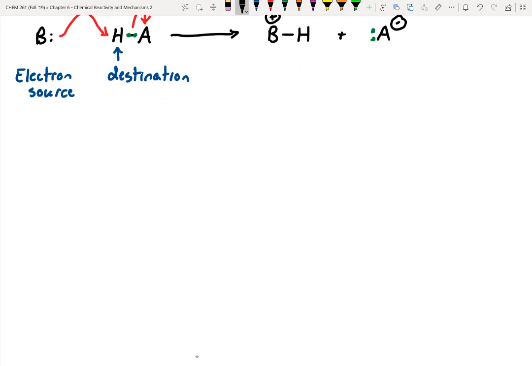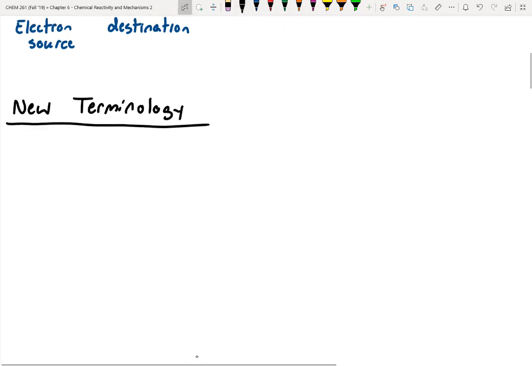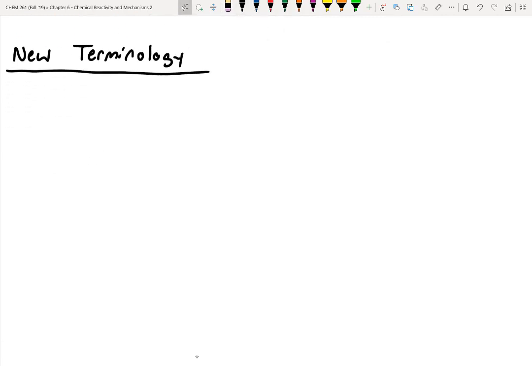There are going to be a few new terms that I want to introduce today, and these will show up all year long. These are terms that won't go away. The first term is electrophile. How many of you are familiar with Latin roots? A little bit?